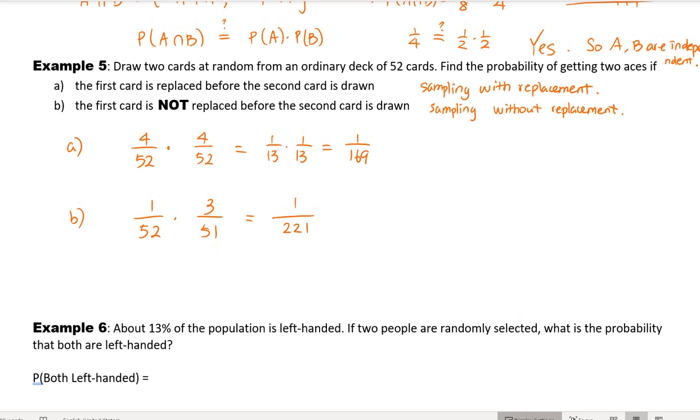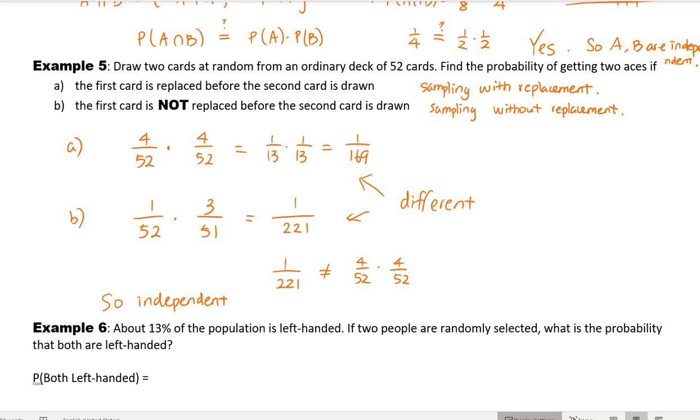So this is the second round, and can you see they are different? So sampling with replacement or without replacement, the answers are different. And you can see 1 over 221 is not the same as 4 over 52 times 4 over 52. Which means when we sample without replacement, we don't get independence.